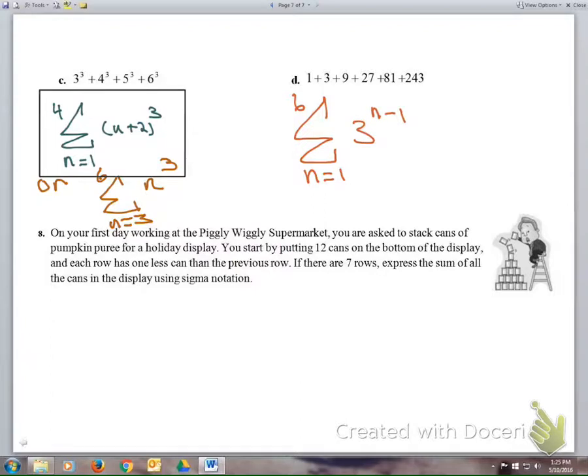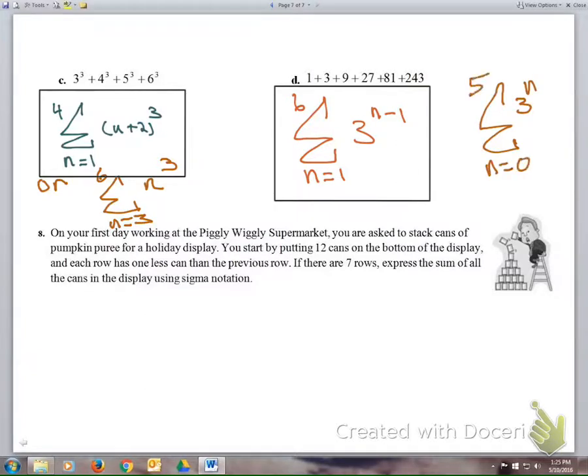But 3 is being raised to the 0 power first to get 1. And then 3 is being raised to the first power to get 3, but that's your second term. So that's one option. The other option is to start at 0 and go to 5, because 0 to 5 is 6 terms, and you can do that option.